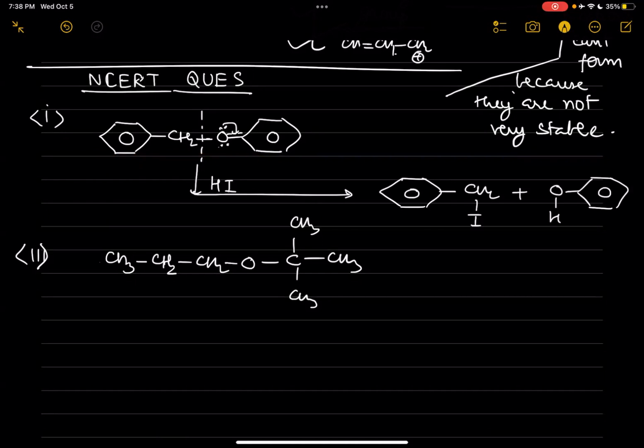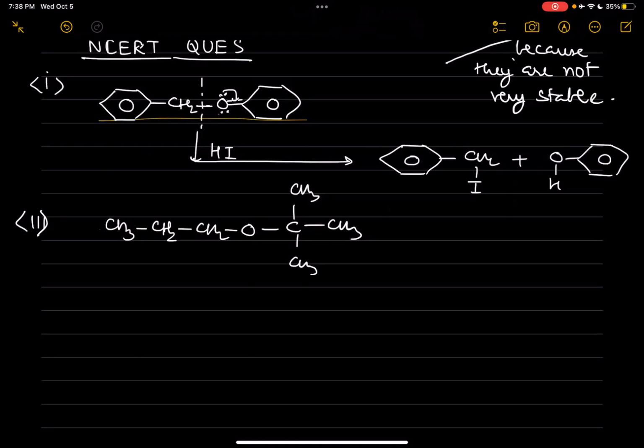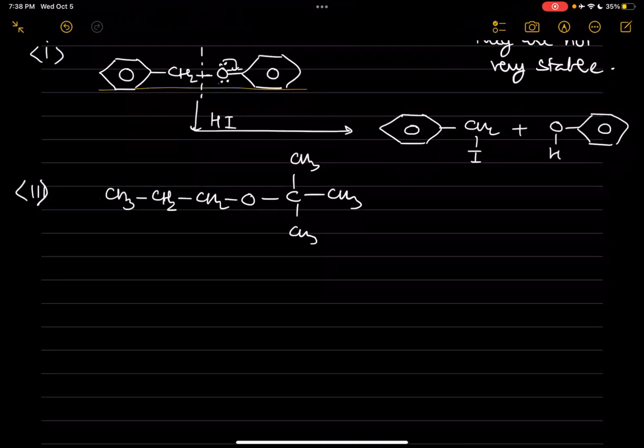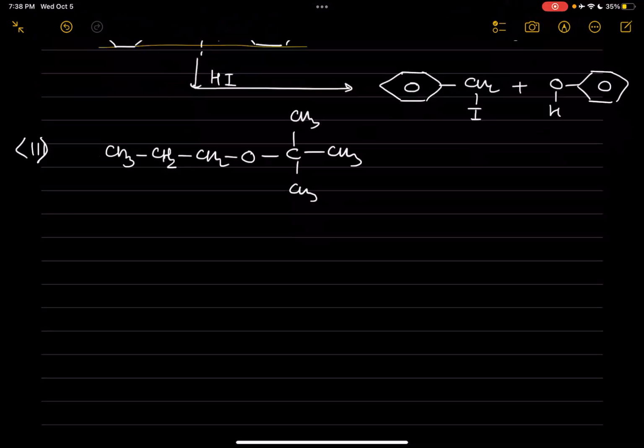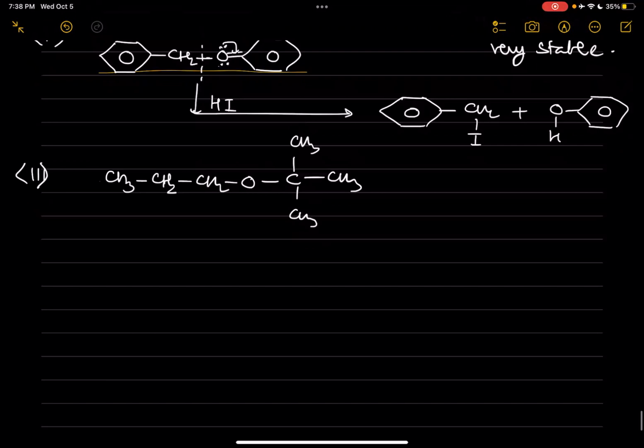And what's going to be the answer for the second one? Tell me quickly. Sir, Arshan, will the I be attached to the CH2 that is directly attached to O?